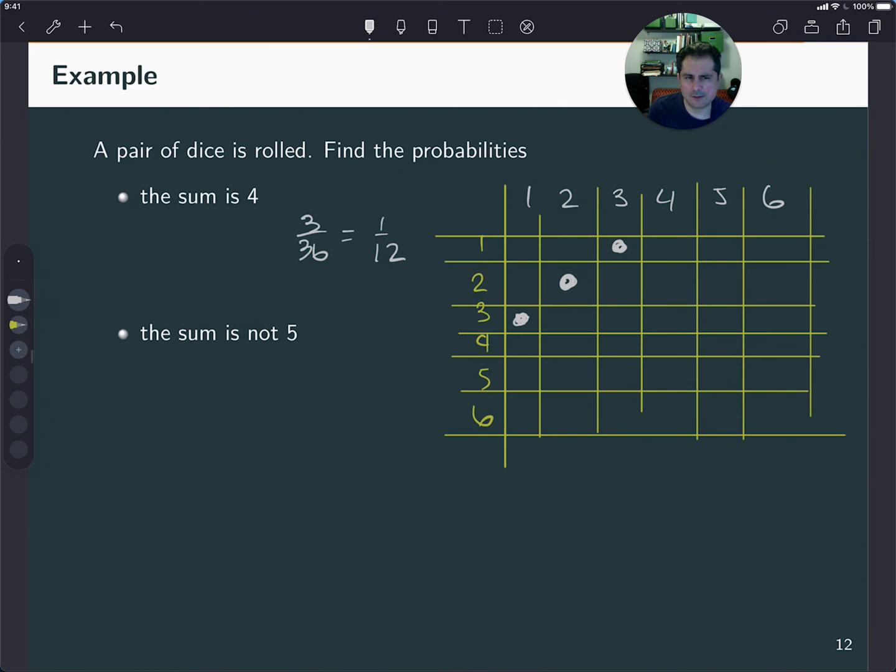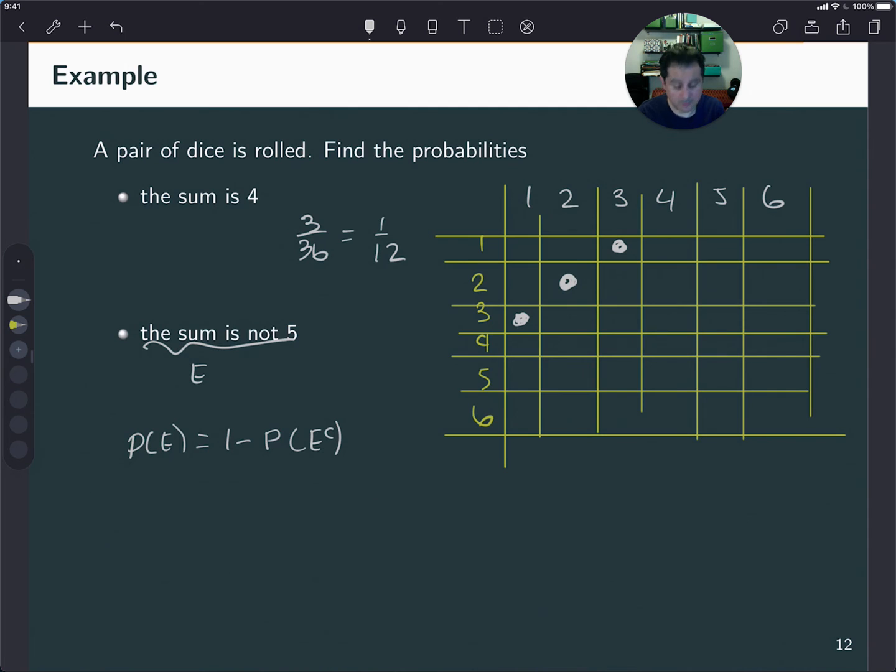Now, the second one asks, what is the probability that the sum is not 5? It's not hard to do that directly, but this is where I'm going to use the complement. Instead of finding that, I'm going to find 1 minus the probability that it is a 5. If I call this the event E, the probability of E is the same as 1 minus the probability of E complement.